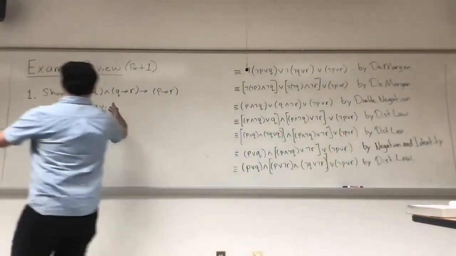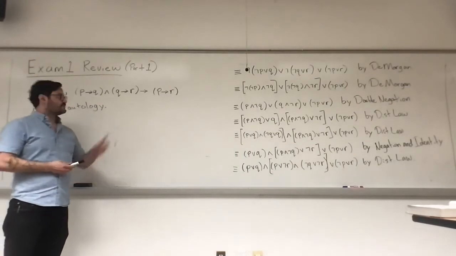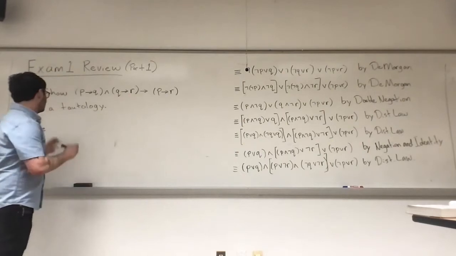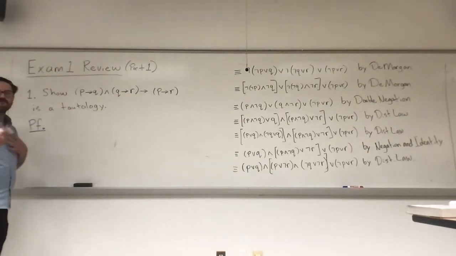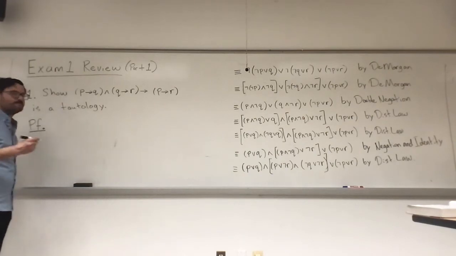So maybe we assume that this is false and we get a contradiction. This is my favorite proof technique to throw at things. I've mentioned that in lecture. The first thing I'm going to try is contradiction, because it gives me the most information.